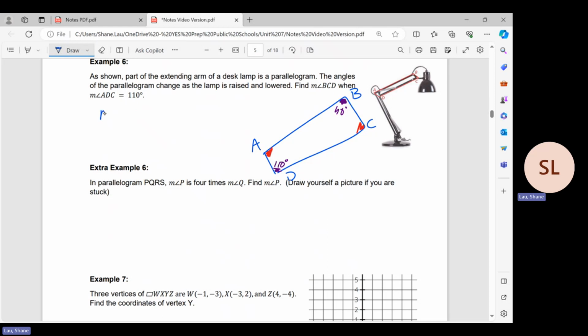So we'll write measure of angle D plus the measure of angle C equals 180. We know the measure of angle D is 110, plus the measure of angle C equals 180. Therefore, the measure of angle C is 180 minus 110, which is 70 degrees. And that's pretty simple.